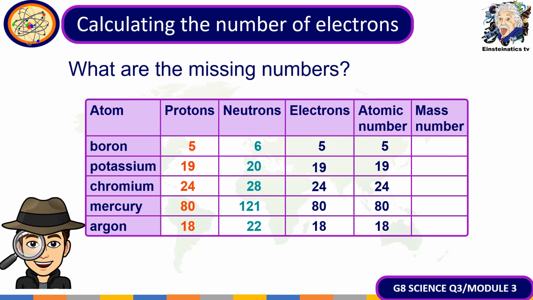Now to get the mass number, you could either add the number of neutrons plus the number of protons, or the number of neutrons plus the number of electrons, or the number of neutrons plus the atomic number para makuha mo yung mass number. So you have 11, 39, 52, 201, and 40.